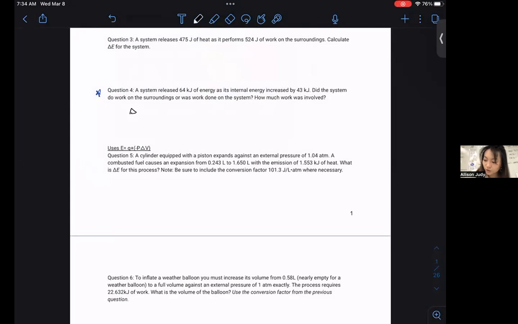So if we plug it into our internal energy equation where we say that the change in internal energy equals Q plus W, and here our Q would equal negative 64 kilojoules. And we say that our change in internal energy was increased, so positive 43 kilojoules.